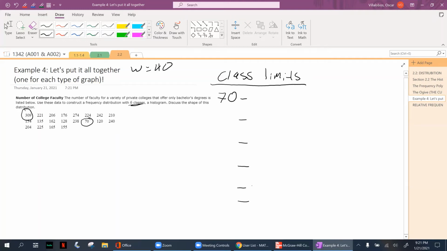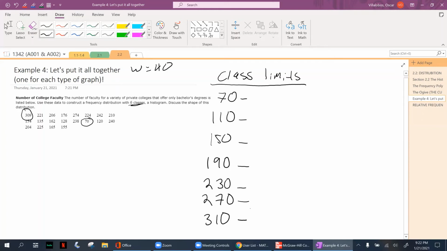And it's going to be 70 plus 40, which is 110. 110 plus 40, which is 150. 190. 230. 270. And 310.